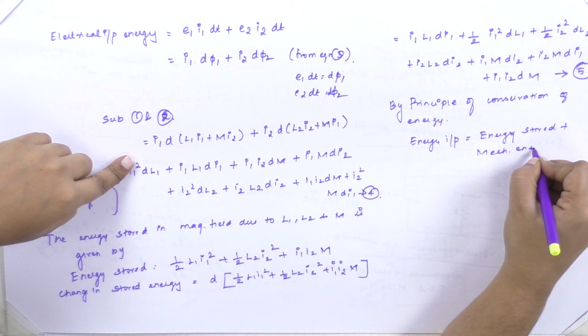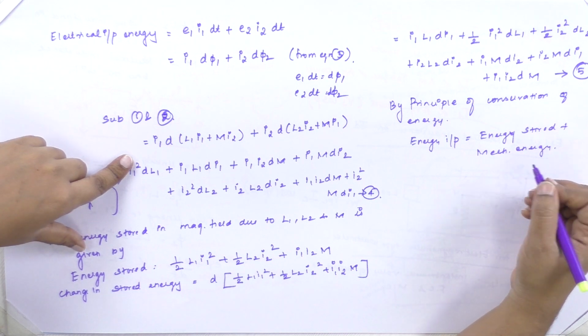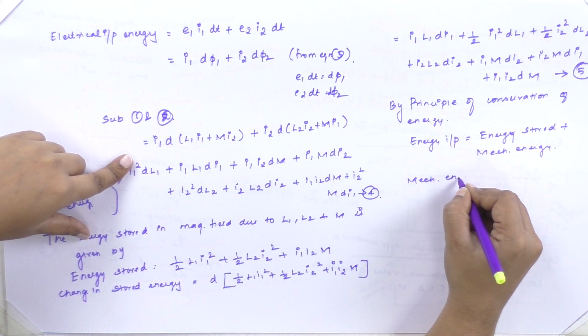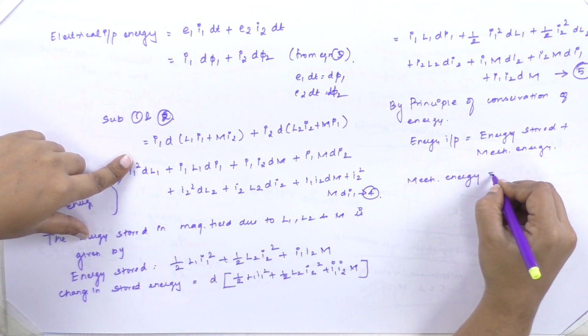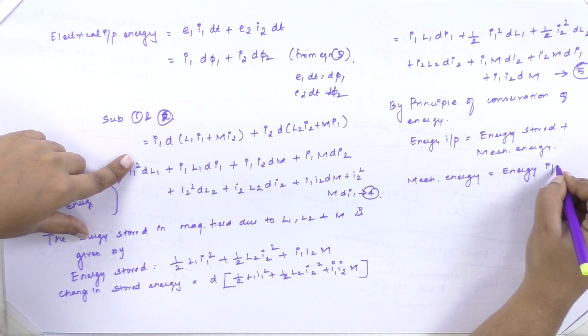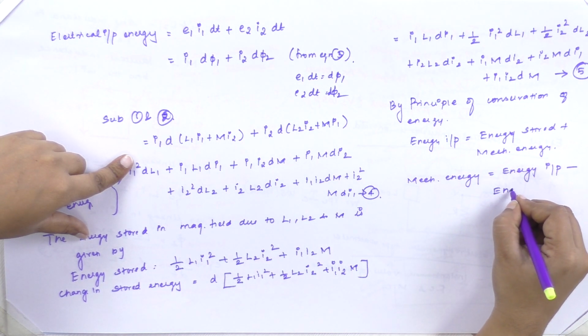The mechanical energy is the energy used to do useful work. So by rearranging this equation, we get mechanical work done is equal to energy input minus the energy stored.